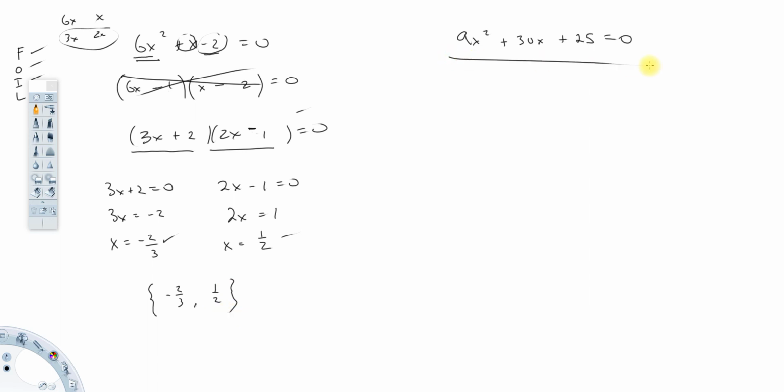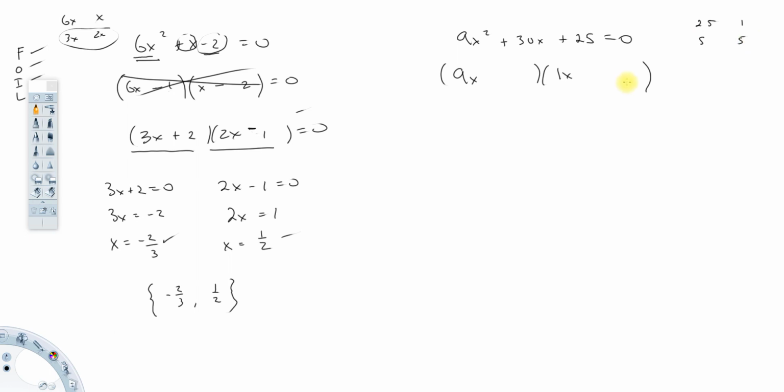Take a look at this one here. And now we've got to factor this bugger here. Oh well, that kind of stinks. Let's try 9x and 1x. For our first term, that gives us 9x squared. These factors of 25 are 25 and 1, 5 and 5, and I'm not thinking of any others.